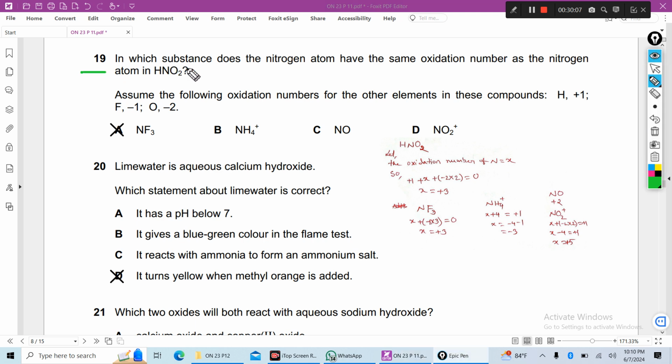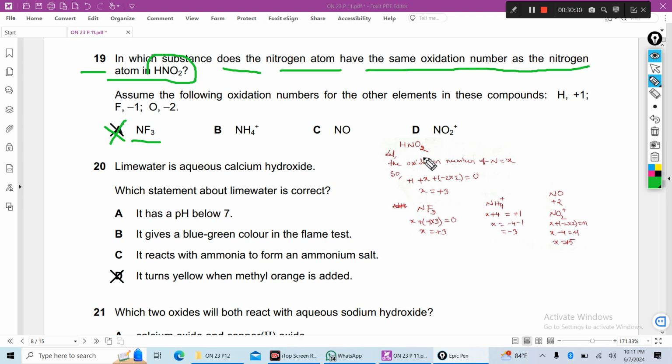Question 19. In which substance does the nitrogen atom have the same oxidation number as the nitrogen atom in nitrous acid? So the answer is A, NF3. Why? You see the following for the elements in the compounds: hydrogen plus 1, fluorine minus 1, oxygen minus 2.